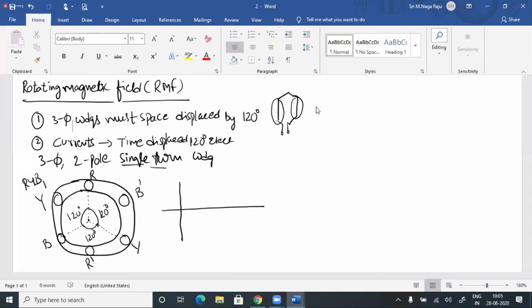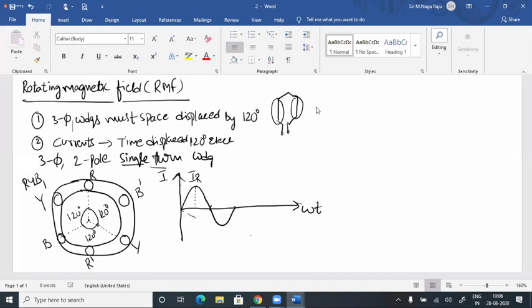That is, three-phase currents. If this is IR, the current in phase R. Time displacement means this is 90 degrees, this is 180.